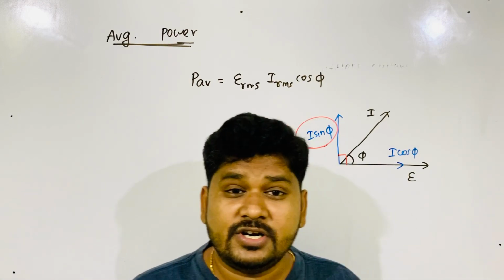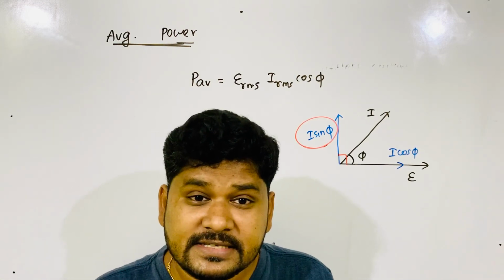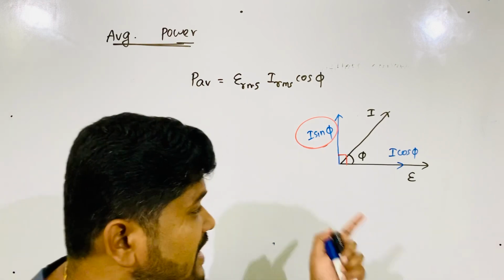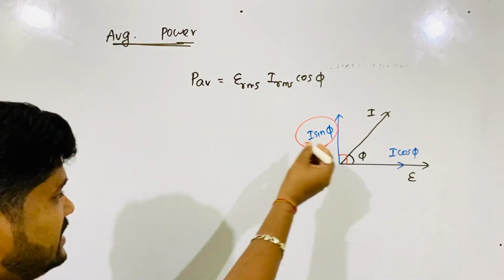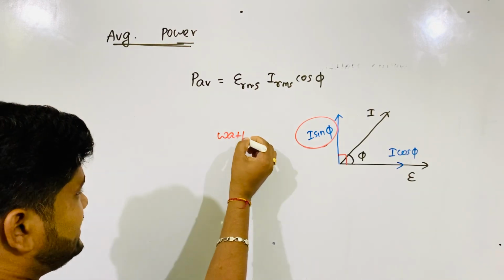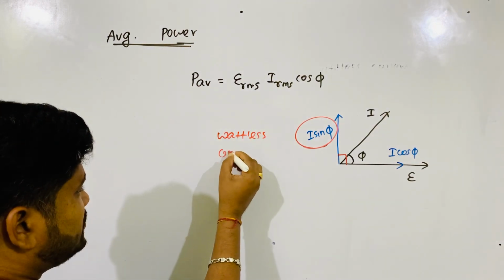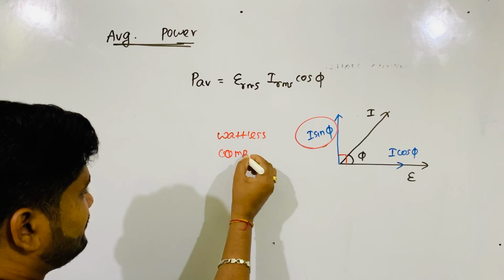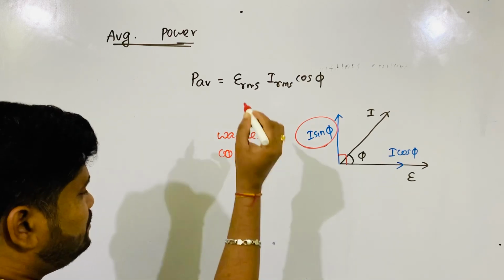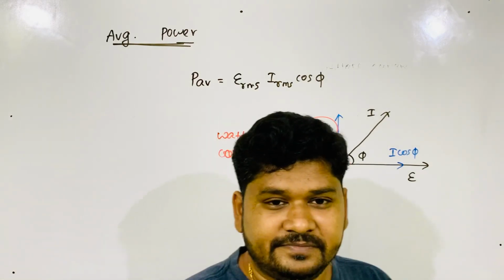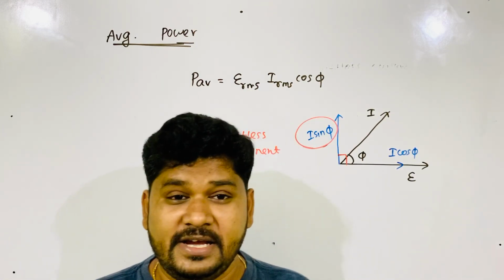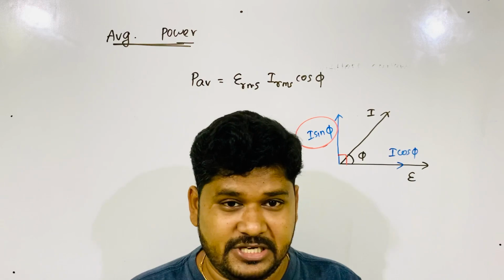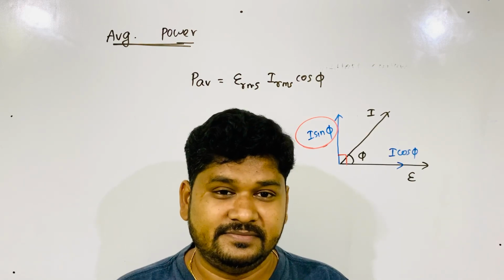So this is also called wattless current. But as it is a part of the current passing in the circuit, another name we write for this is wattless component. Wattless component of a current. If in the exam the question comes, define wattless component, what will you write?